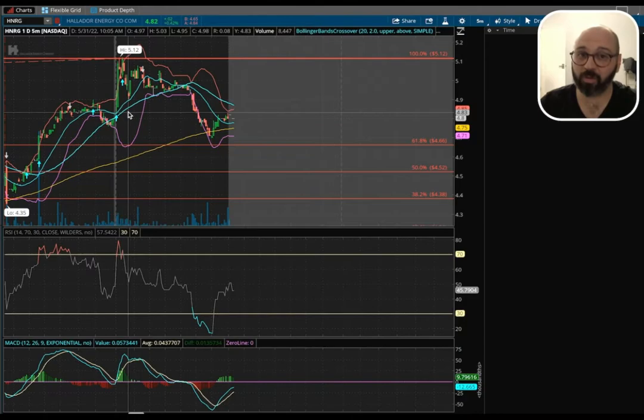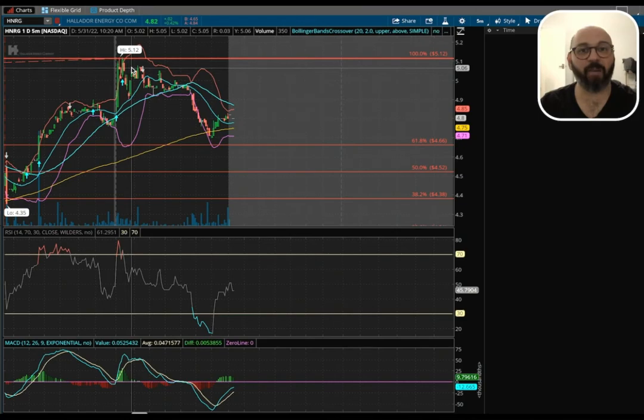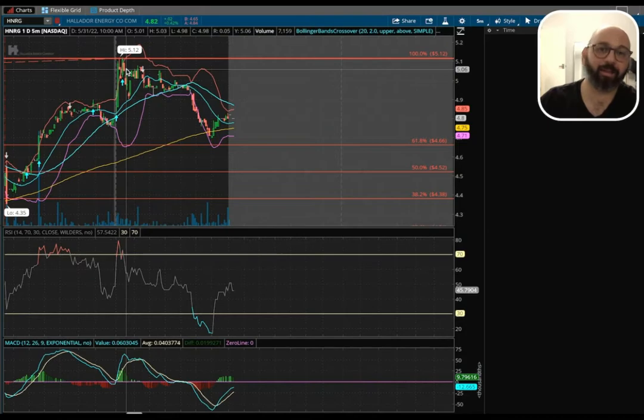If I do, though, what I try to do is make a scalp trade, which means in and out very quick. One of the mistakes new traders make is they get in on a trade, it starts to go up, and they get greedy. They go, wow, I'm up 5, 10, 8% already, and it's only been 10 minutes. Well, if I wait all day, it'll go even higher, and then you end up taking a loss because you got greedy.